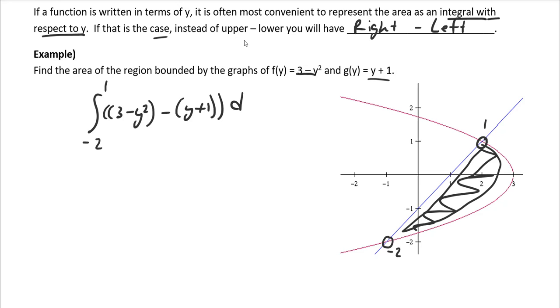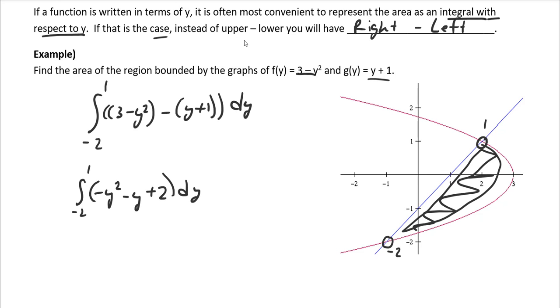You're going to anti-differentiate it the same exact way. And so you're going to get the integral from -2 to 1 of negative y squared minus y plus 2 dy.